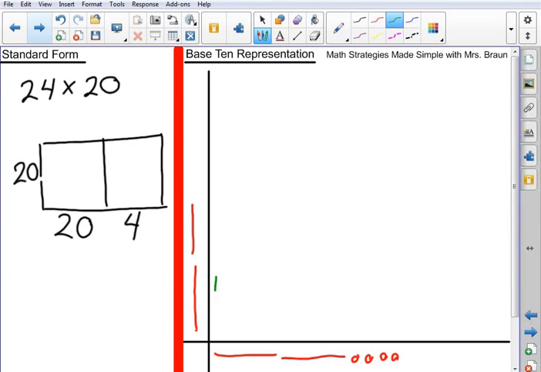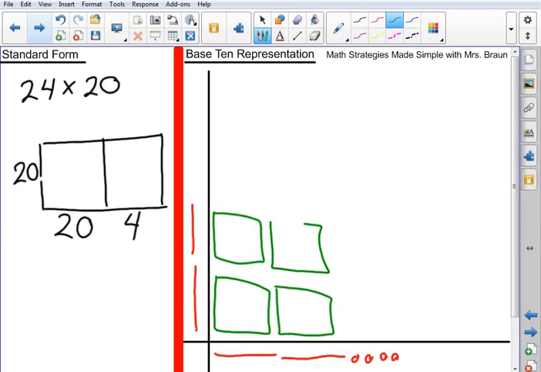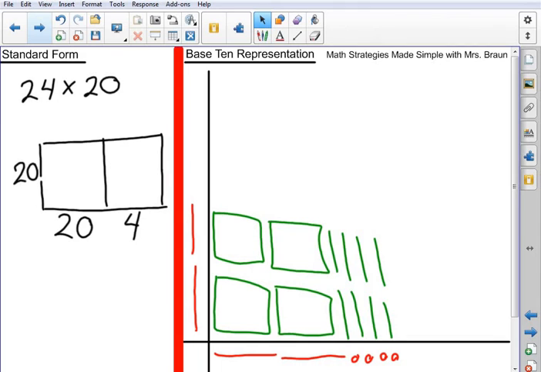So again, I'm multiplying 10 by 10 so I can use hundreds pieces. Okay, then I'm going to fill in with my 10 times 1 over here. And I don't have anything else to do, so now I'm going to find my partial products so I can get my answer.